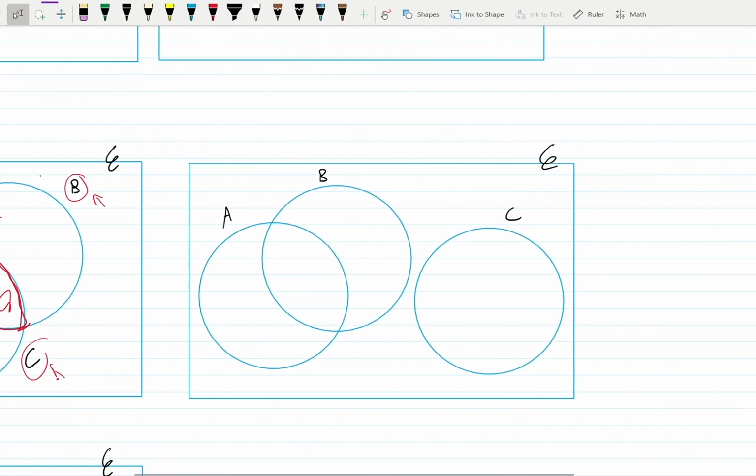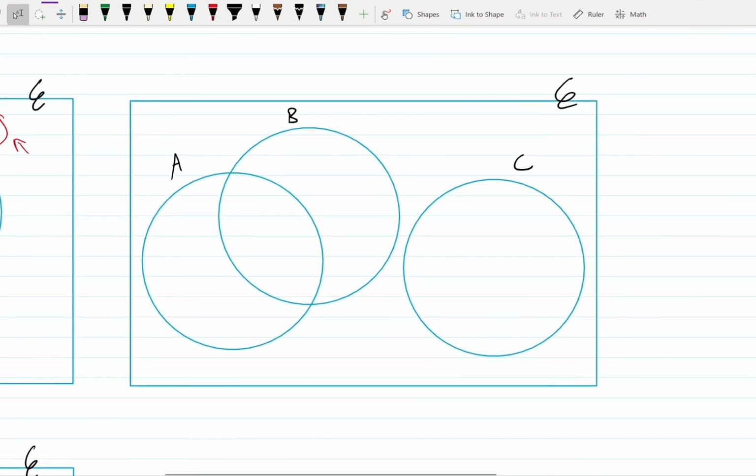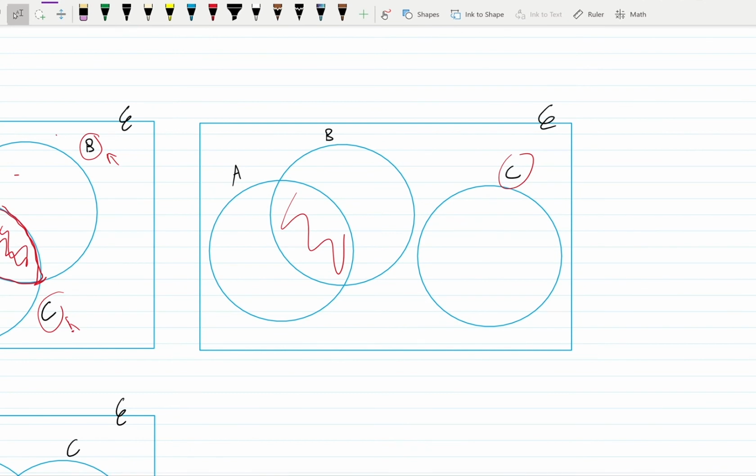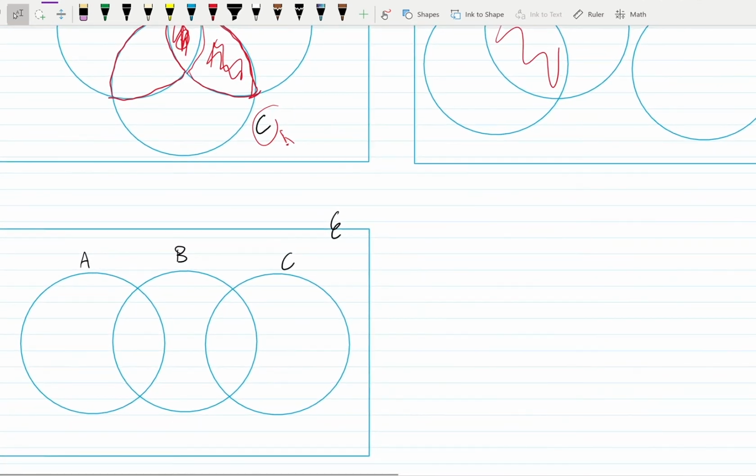I can even have a configuration where we just have A and B. A and B might have a relationship, but C might not have a relationship to either A or B, right? That's perfectly fine, because these are all just sets.